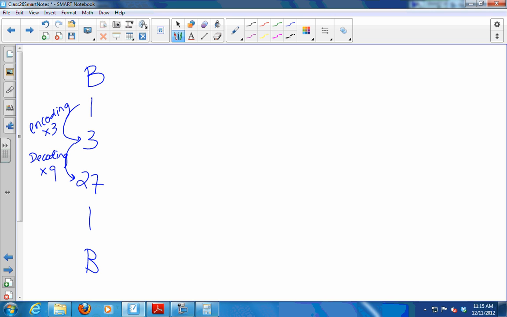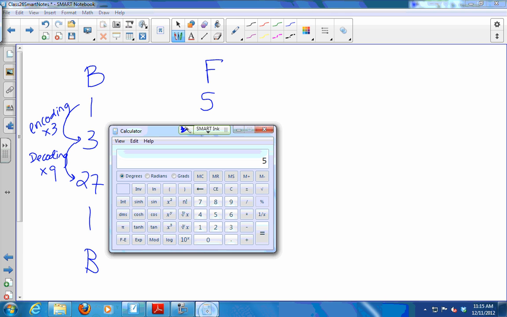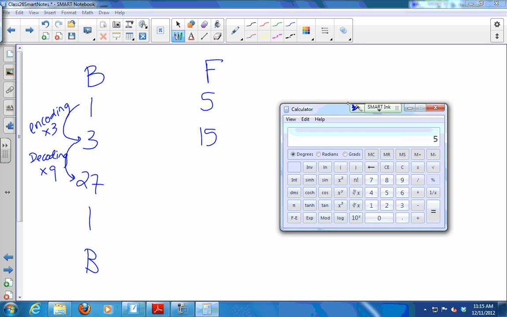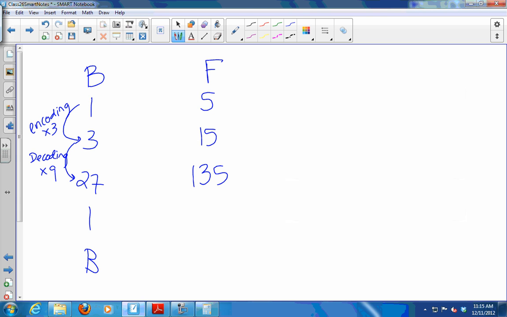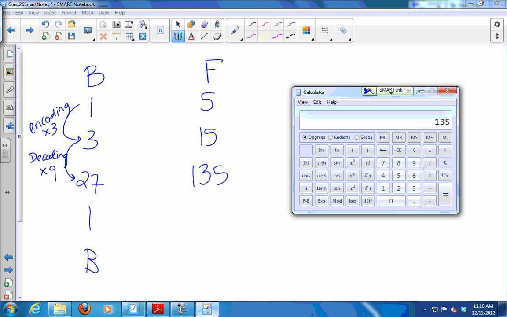Let's see if it works for a couple of other letters. Say, F. What's F as a number? 5. So if I multiply 5 by 3, I get 15. Then multiply 15 by 9, 135. And then I have to take that mod 26, subtracting 26 over and over again.